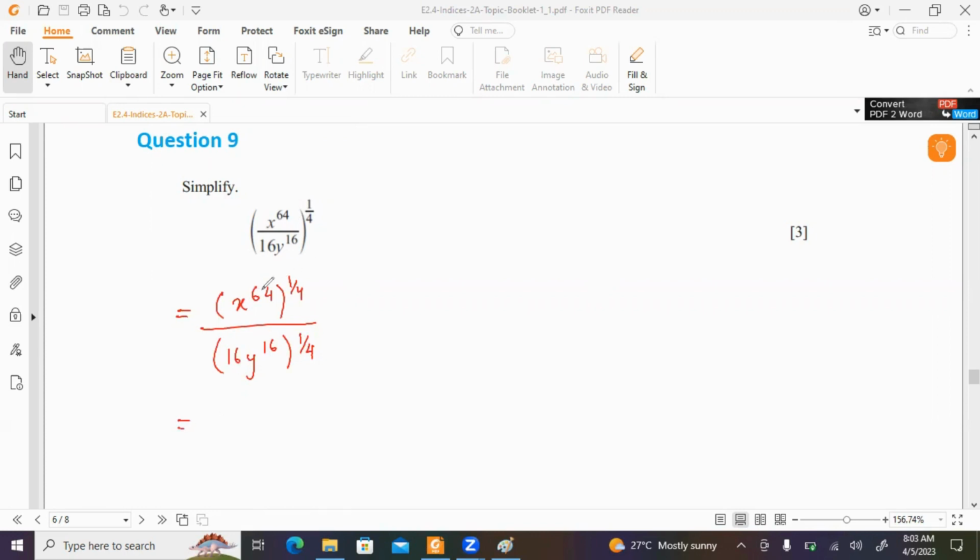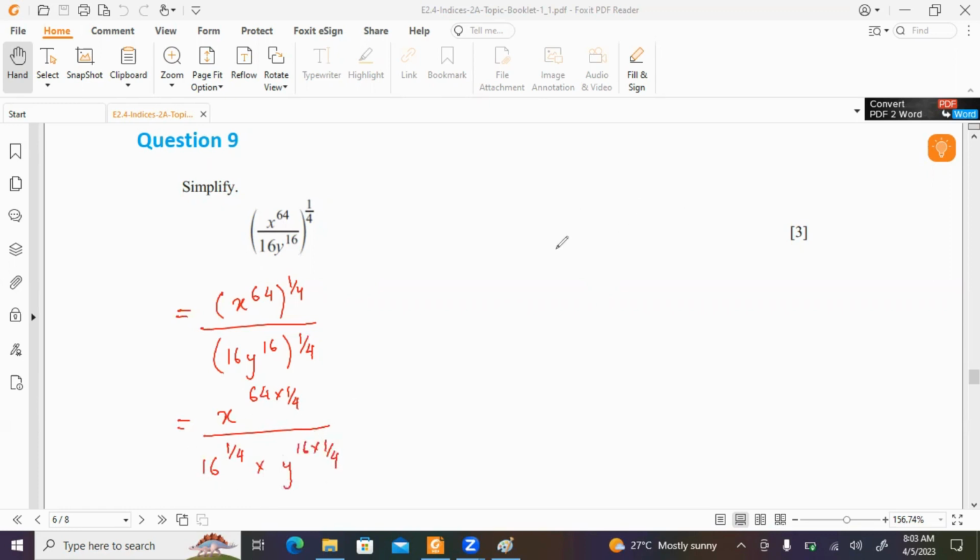Next, we're going to multiply 64 with 1 over 4. So 64 times 1 over 4. And over in the denominator, we're going to distribute the power with 16, power of 1 over 4, and y to the power of 16 times 1 over 4.